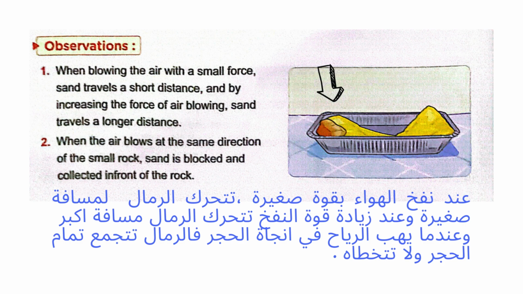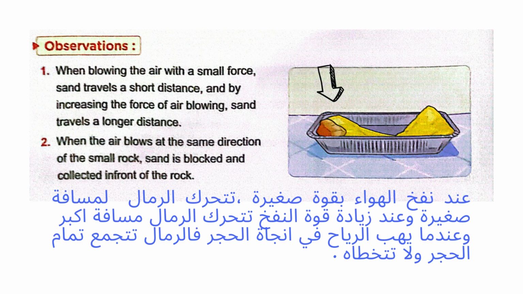The sand will move a longer distance. And when we blow the air in the same direction of the rock, the sand will move in this direction, and what will happen? The sand will be blocked by this rock and collected in front of this rock.